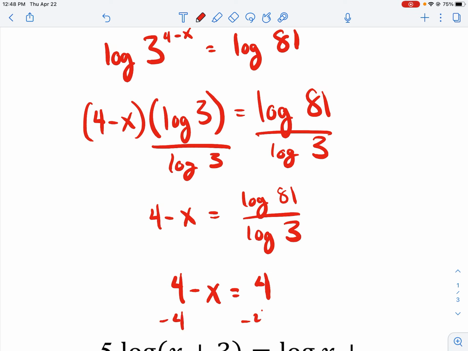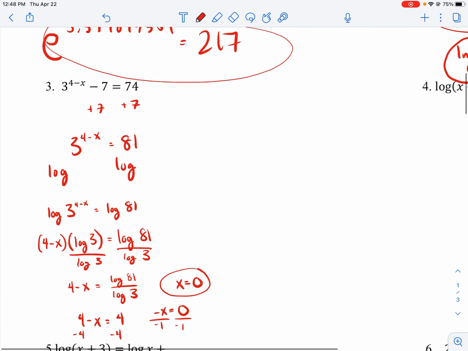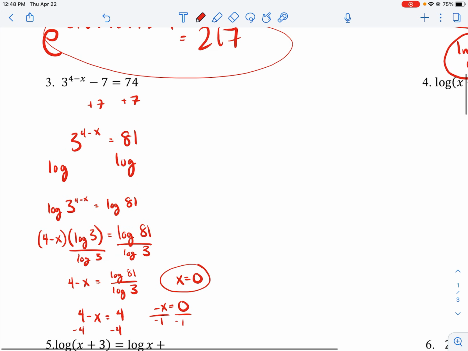So subtract 4, I get negative x is equal to 0, divide by negative 1, x is equal to 0. Now, we have to make sure that that doesn't give us any extraneous roots, which it doesn't. And if you plug this in, it makes sense. 3 to the 4th power is 81. And 81 minus 7 is 74. So we're okay there.